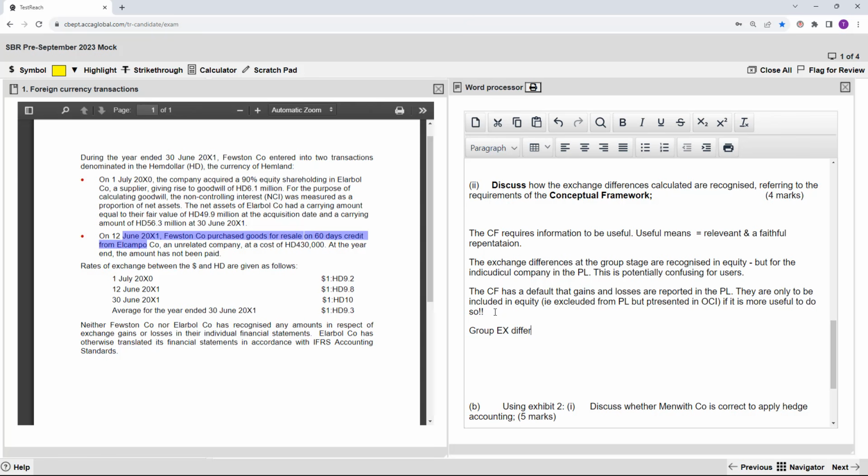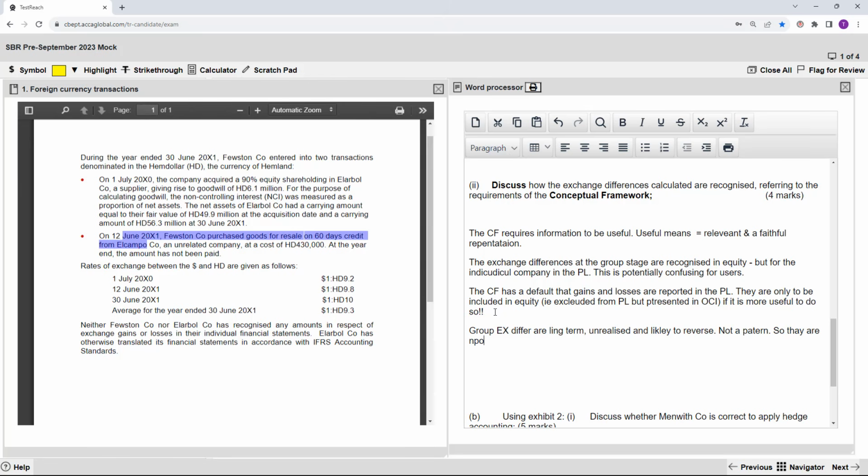So group exchange differences are long-term, unrealized, and likely to reverse. They're not a pattern. So they are not predictable.